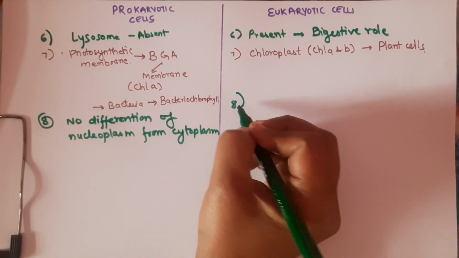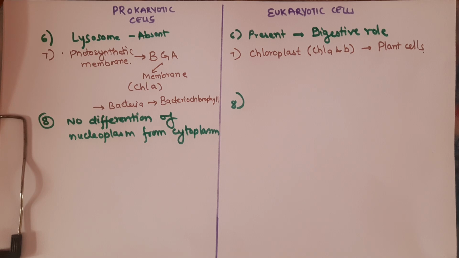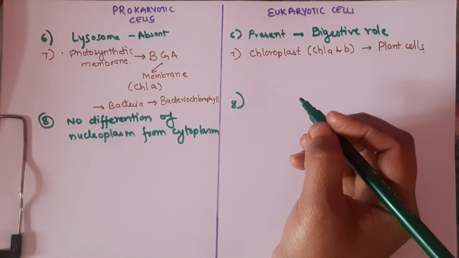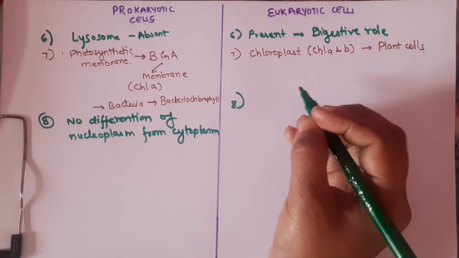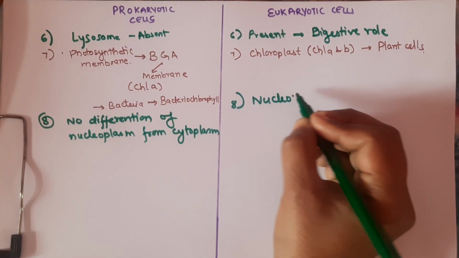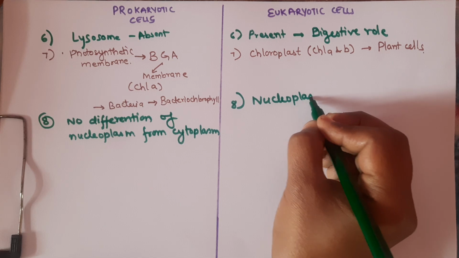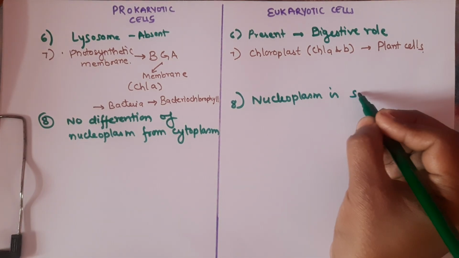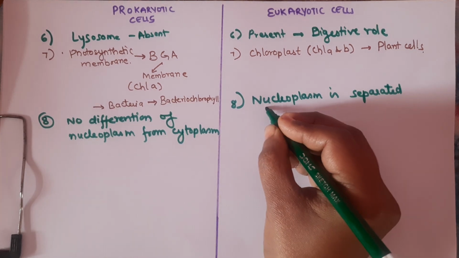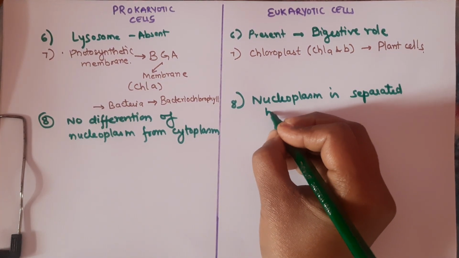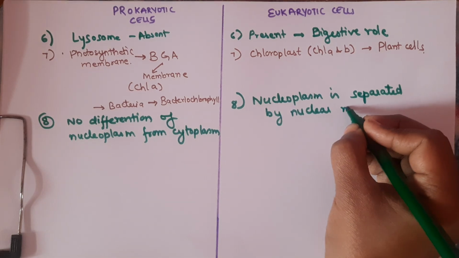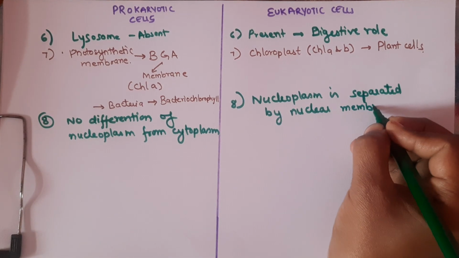However, in case of the eukaryotic cell, the nucleoplasm is separated from the cytoplasm by nuclear membrane. Clear?